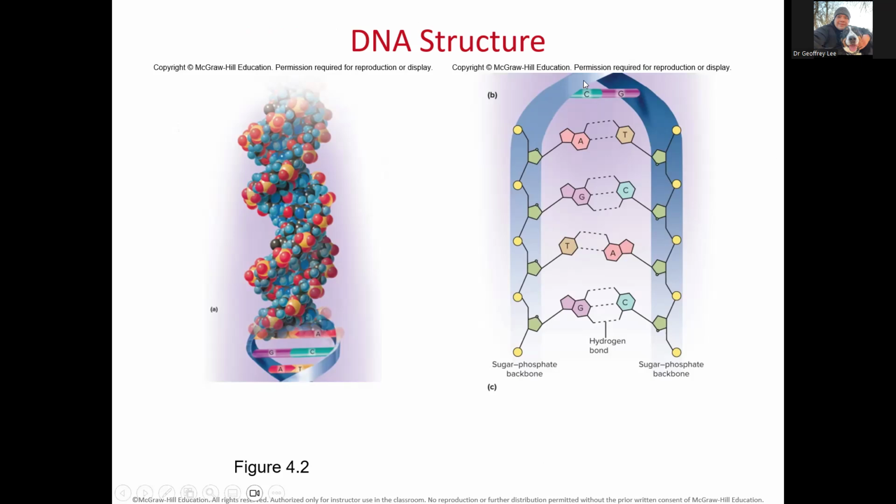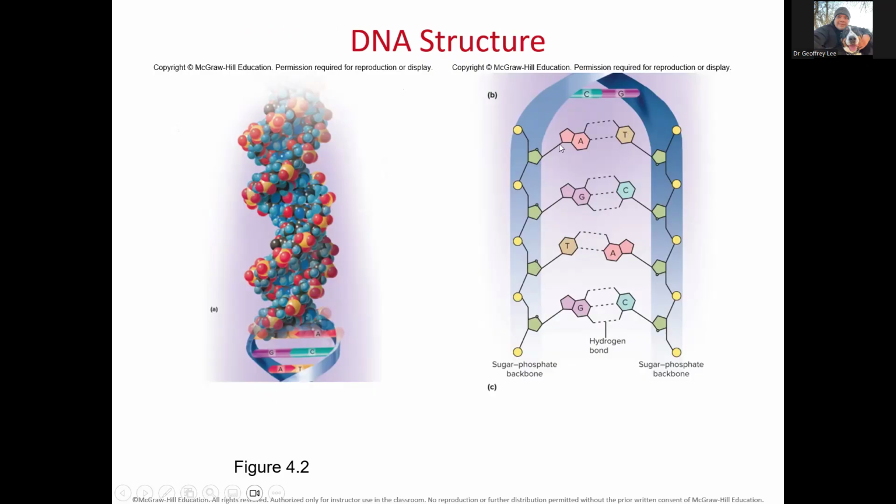What makes up the ribbons is sugar, phosphate, sugar, phosphate, sugar, phosphate. This is why we call it the sugar phosphate backbone, because the main megastructure of DNA's double strand is due to the fact that we have a deoxyribose sugar and a phosphate group, and then we attach another sugar and another phosphate group. Same thing on this side.